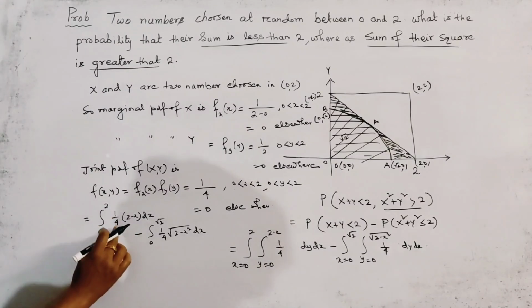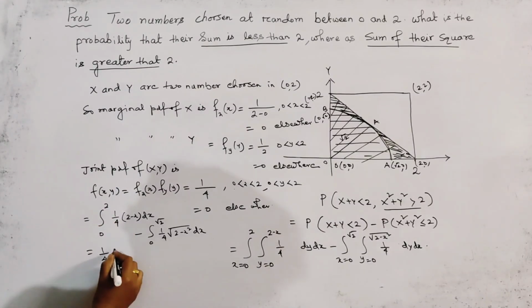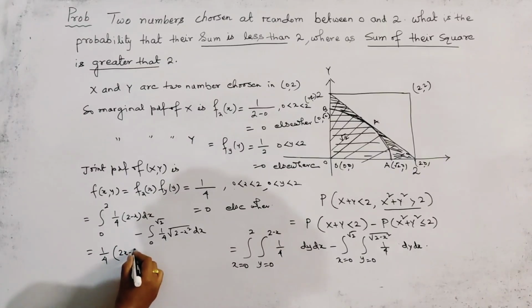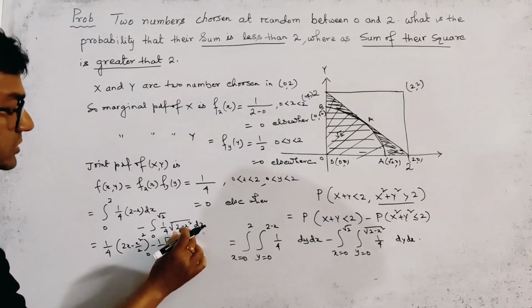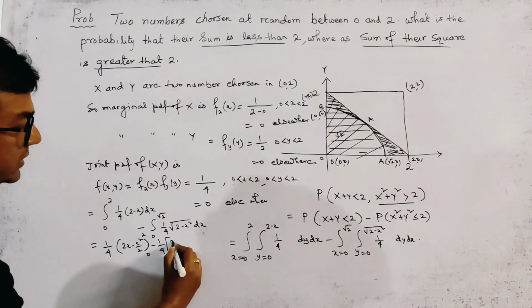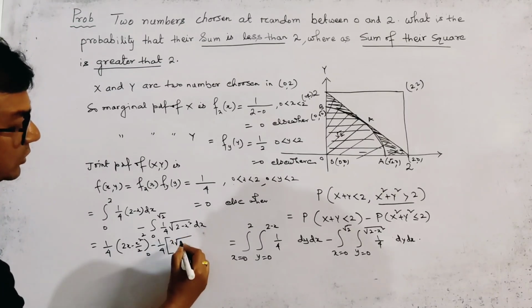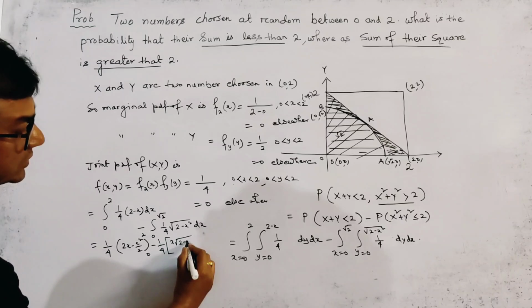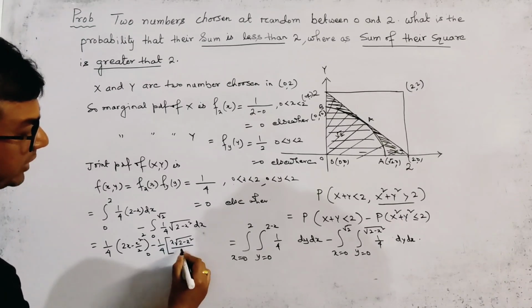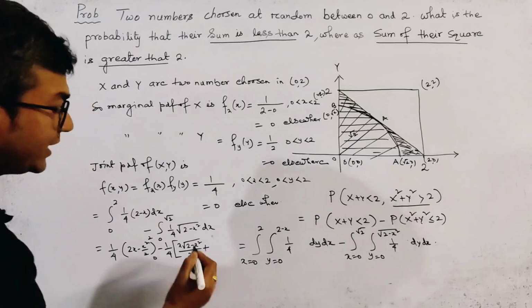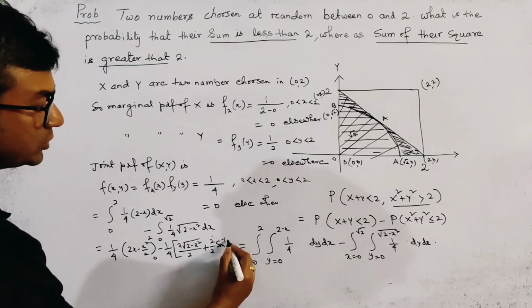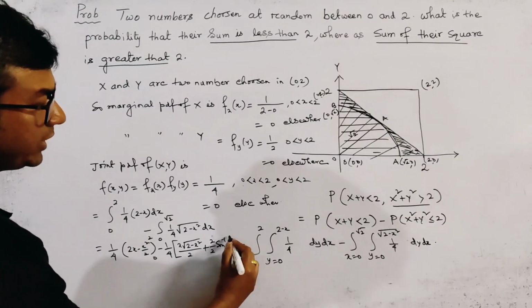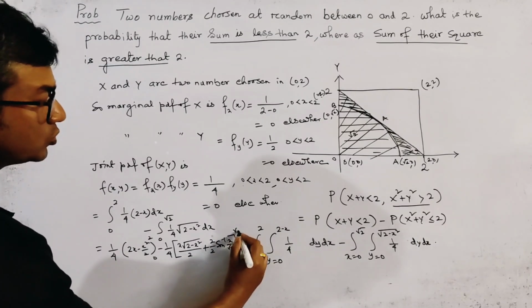The integration of this is 1 by 4 into [2x minus x squared by 2] with range 0 to 2, minus 1 by 4 into the integration of this term, which is x by 2 into root of (2 minus x squared) plus a squared by 2, with a squared being 2, so 2 by 2 into sine inverse of x by a, that is x by root 2, with range 0 to root 2.